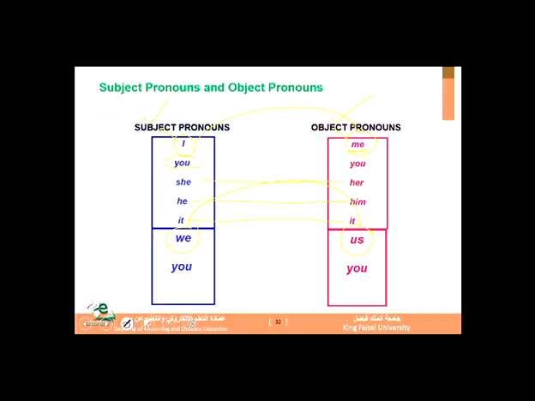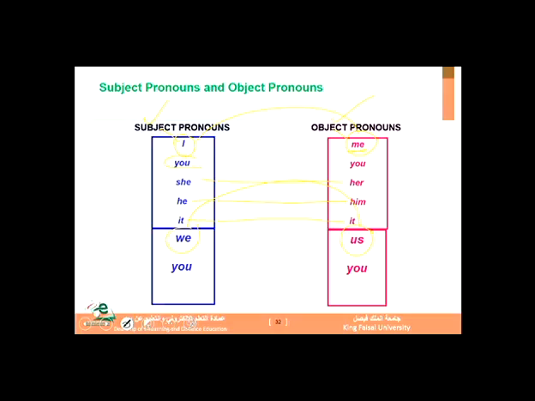So it can refer to a singular, or it can be used to express the plural. Now, when we have you in this group, which is the plural group, it means you. So if we translate this in Arabic, it could be anta, anti. But when we translate you in the plural group, antum, antunna, or antuma, or whatever.